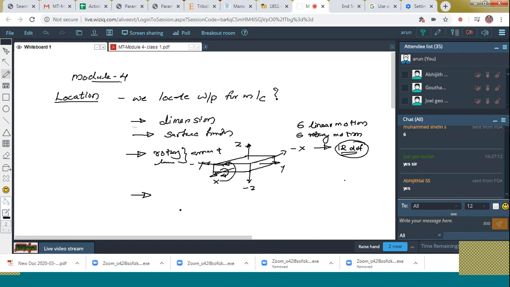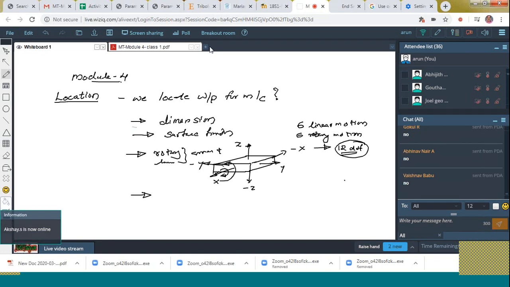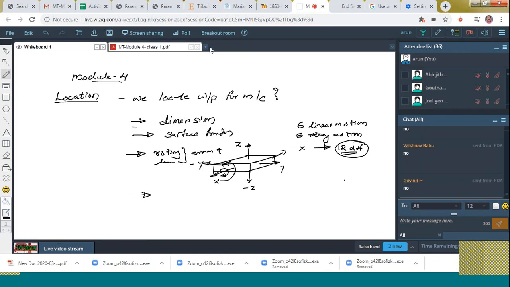Next, listen carefully: can I use the same locator for different shaped workpieces? No. So what shall be the condition while manufacturing the locators? It should not be a fixed one.